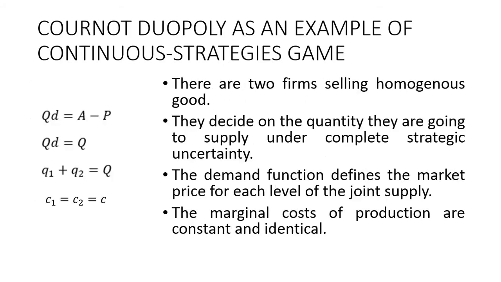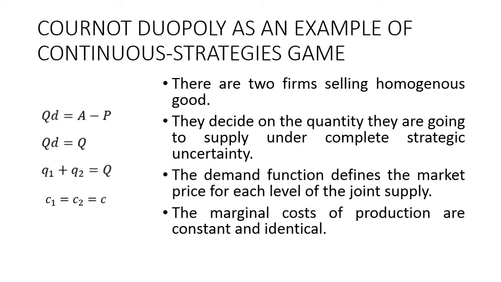Okay, so we are going to discuss the procedure of solving games with pure continuous strategies based on the Cournot duopoly example. So this is a kind of canonical example. And assumptions are as follows.